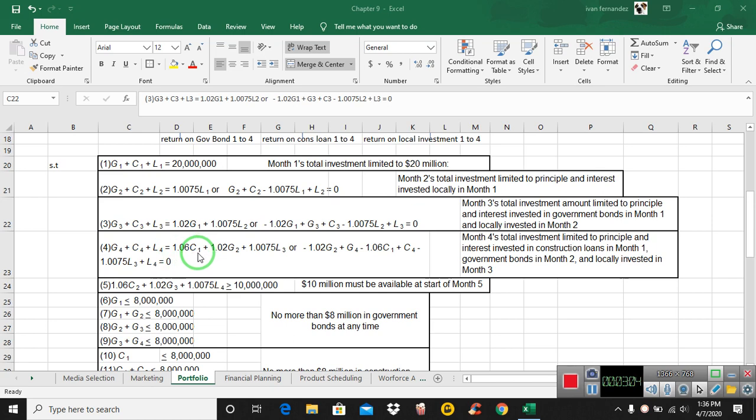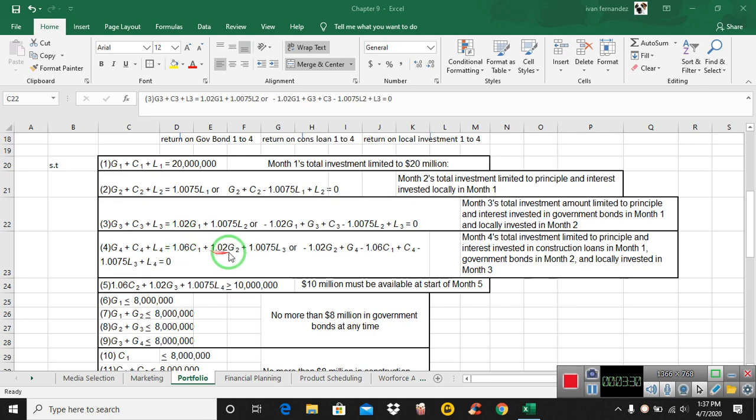So after 3 months, you get your money back, which is going to be 1 times C1 plus 0.06 times the amount that you invested. So you can put that together and say it's just 1.06 multiplied by the amount that you invested. That's going to give you the money that you get back from the construction loans right there.